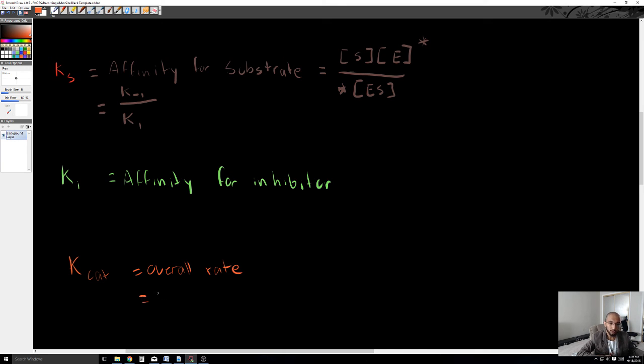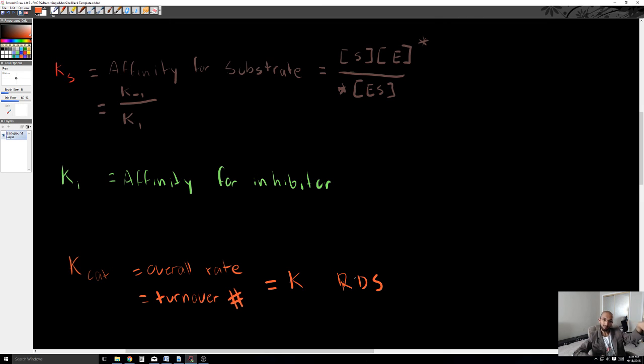It is also called the turnover number. Again, terminology tends to vary between scientists and between books. I've seen this as turnover number, but be meticulous about that. And in general, this will be the K of the rate determining step.